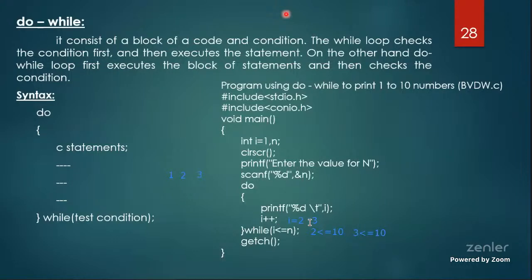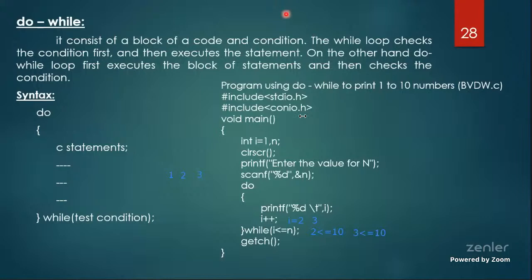When the I value is 11, you're checking the condition now. 11 less than or equal to 10, is the condition true? Is 11 lesser than 10? No, right? Even it is not equal. So when the condition becomes false here, it goes to the getch. Fine. So this is how we are executing.